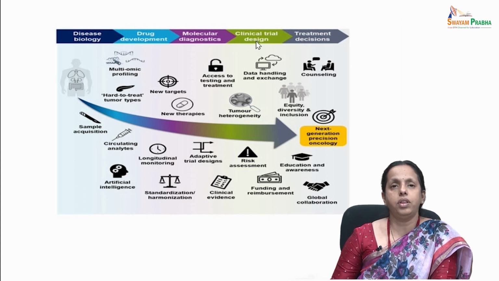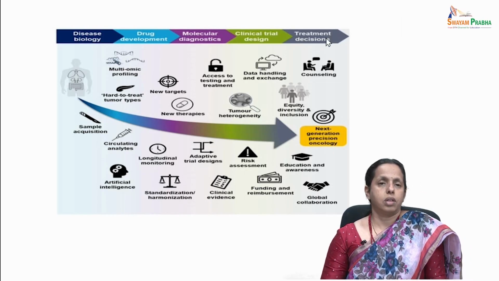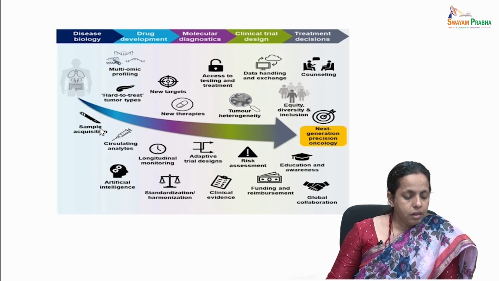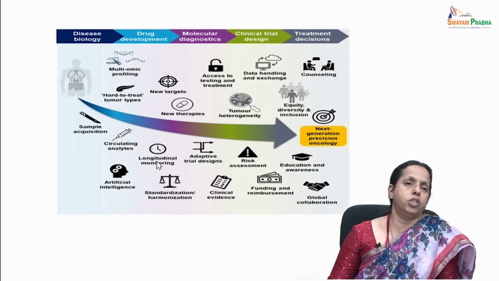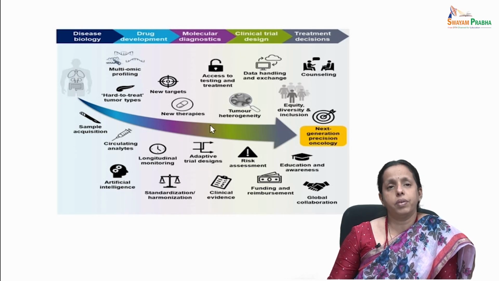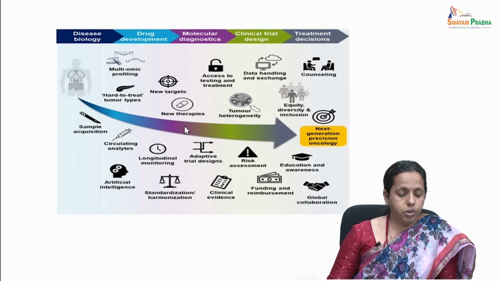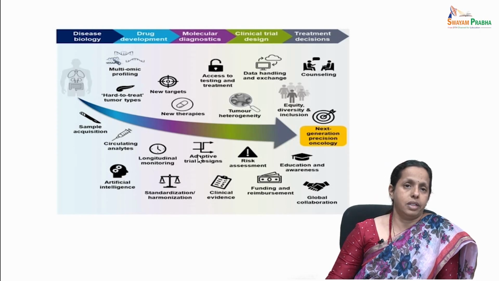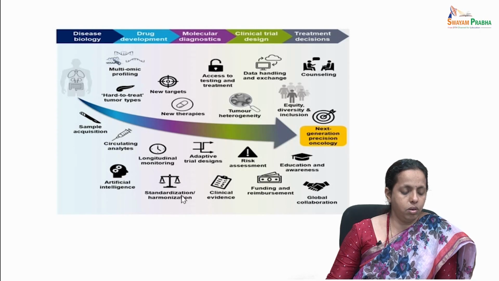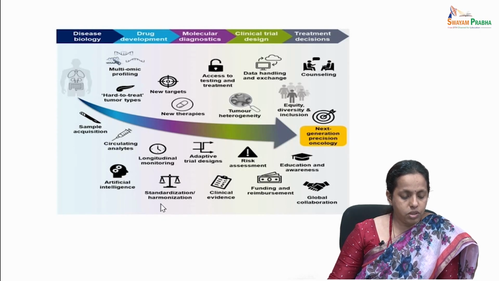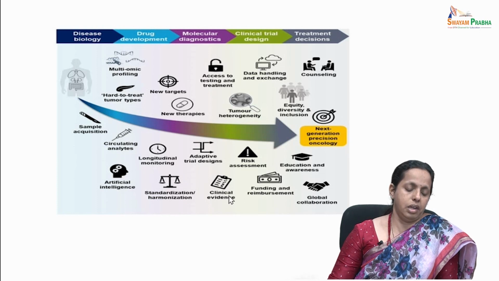This all lies with the hospital tumor board councils. Then you have monitoring, where you bring in adaptive trial design. Maybe should I use the old chemotherapy along with another adjuvant therapy, as we have seen for example in CAR T, and then standardization, and clinical evidence of an improvement in treatment.